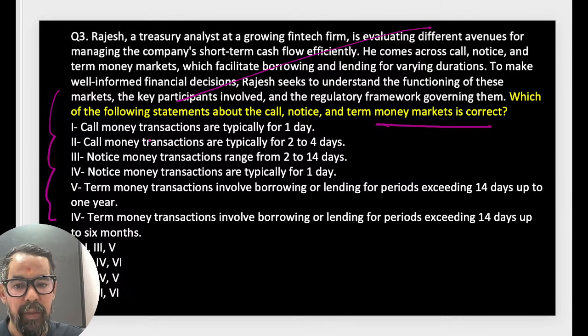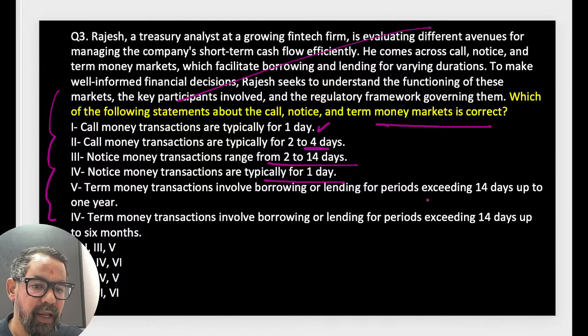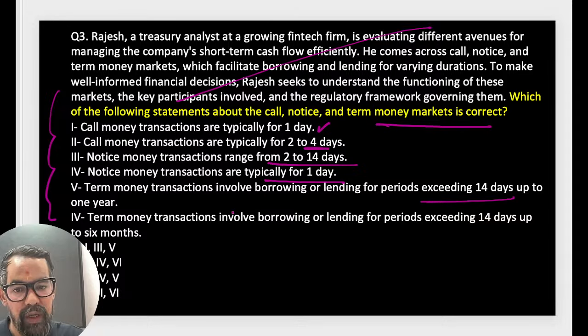Call money is 1 day, notice money is 2 to 14 days, and term money involves borrowing or lending exceeding 14 days up to 1 year.